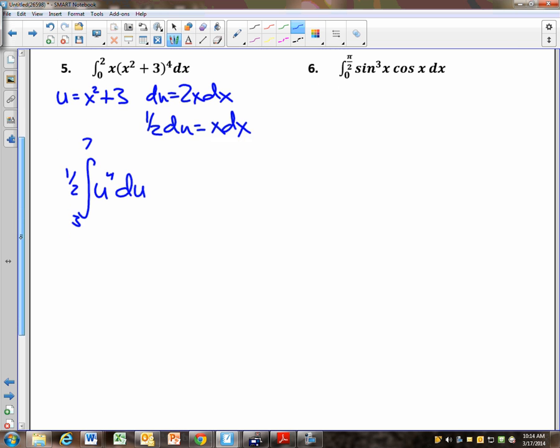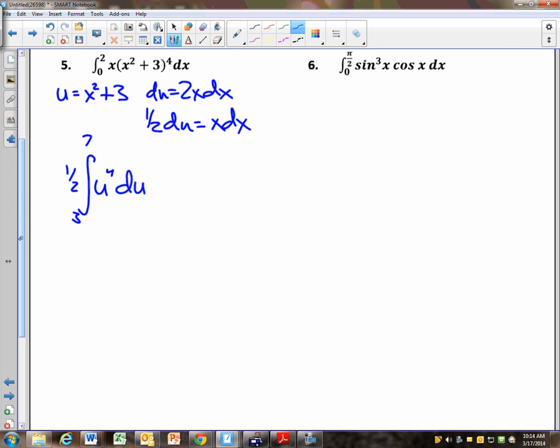So now we don't have to deal with the x squared plus 3 anymore when we substitute. We can just work with this now. No substituting back in. What's the antiderivative of u to the 4th? U to the 5th over 5 times 1/2 is over 10, correct? And now we're going to evaluate that at 7 and 3. Don't need the plus C because it's a definite integral, not an indefinite integral.